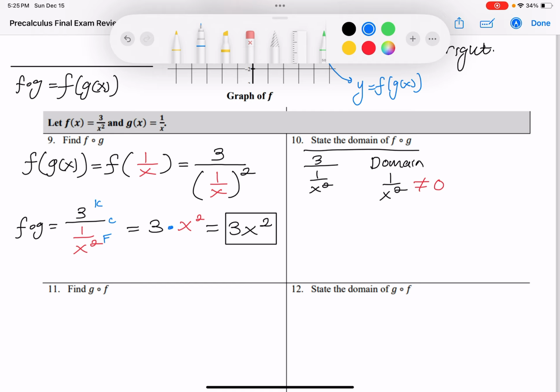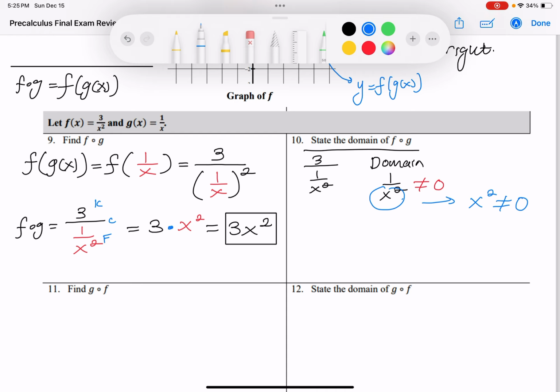But this is still a fraction, and once again, our denominator, which is x squared, cannot be equal to 0.